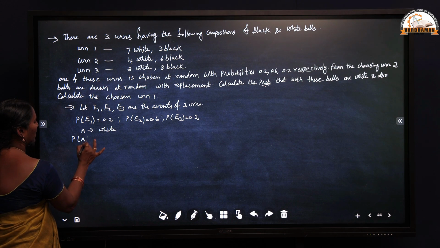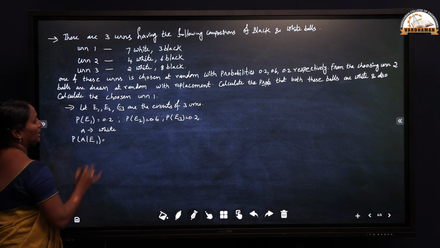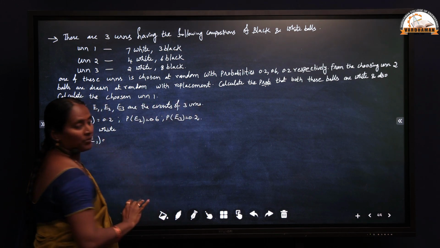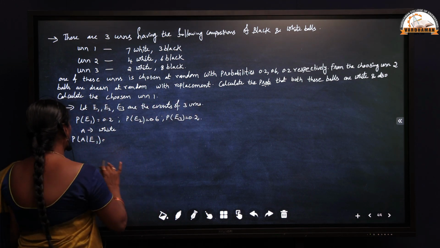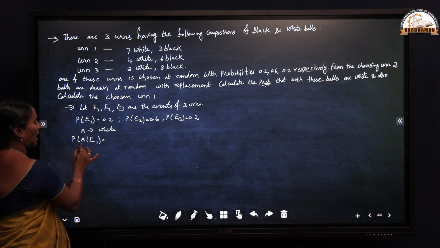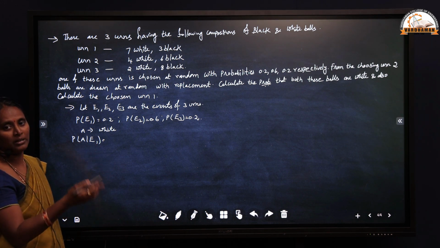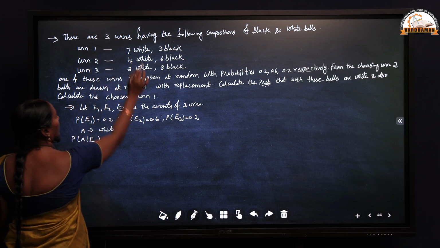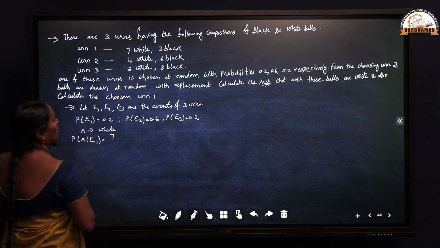So what are we going to find here? P of A given E1. From the chosen urn 1, 2 balls are drawn, and both should be white. How many white balls? We have 7 white balls.